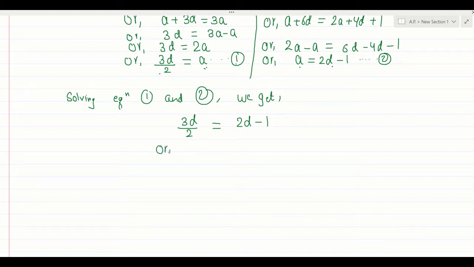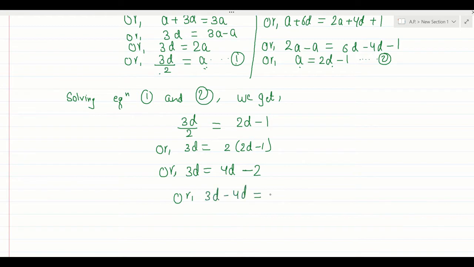Or it is 3D equal to 2 in bracket 2D minus 1, or 3D equal to 4D minus 2. Or 3D minus 4D equal to minus 2. Or minus D equal to minus 2. Minus minus cancelled. Therefore, D is equal to 2.